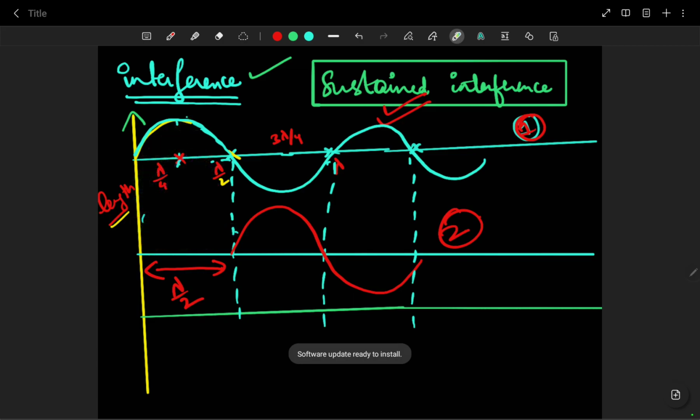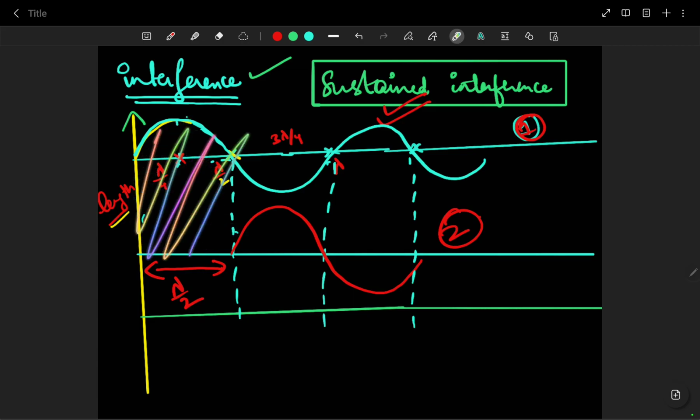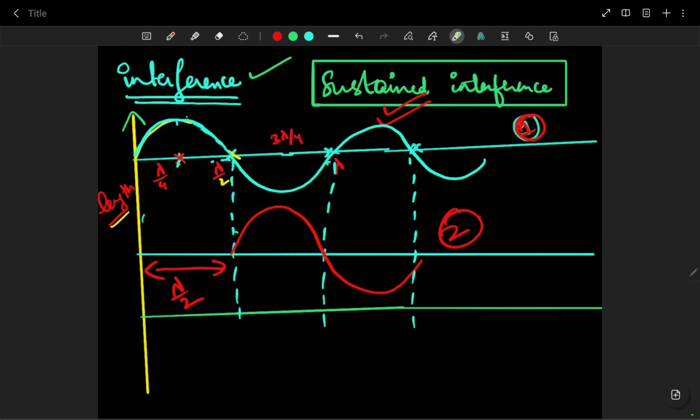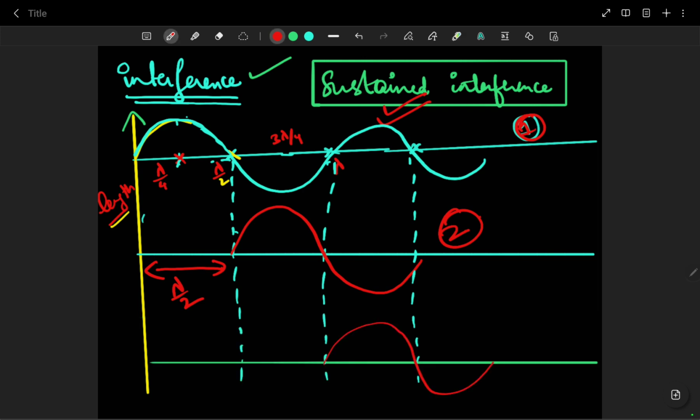But now I'm going to use this whole as the path difference and start the waveform from here. Okay, let's do that for the third waveform. The second waveform I used to explain destructive interference. The third waveform I will use to explain the condition for constructive interference. So now you can see this is the third waveform, and in the third waveform I've used this whole path difference of 1 lambda, right? That is what I have done.